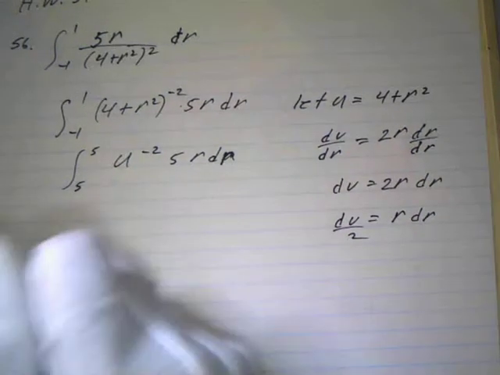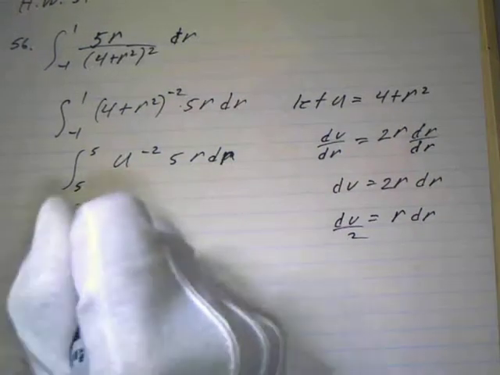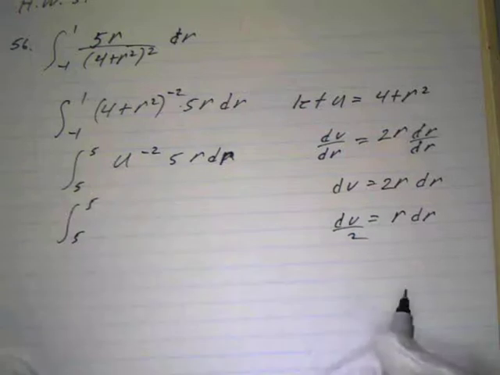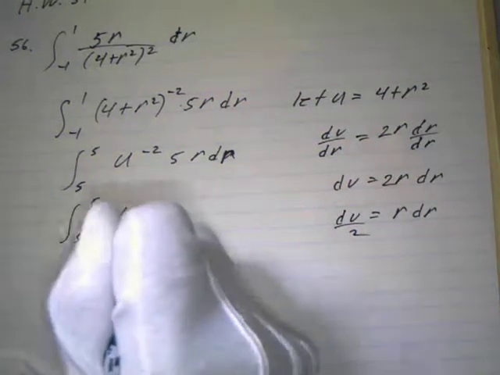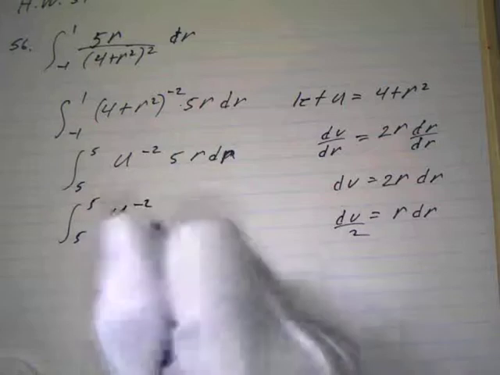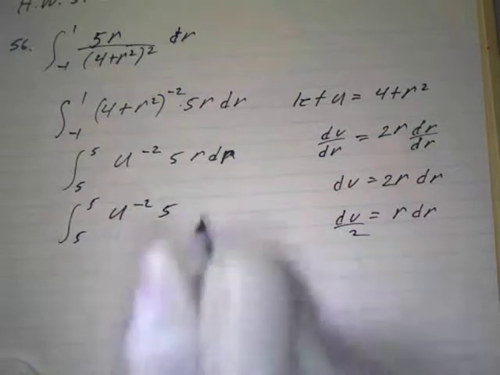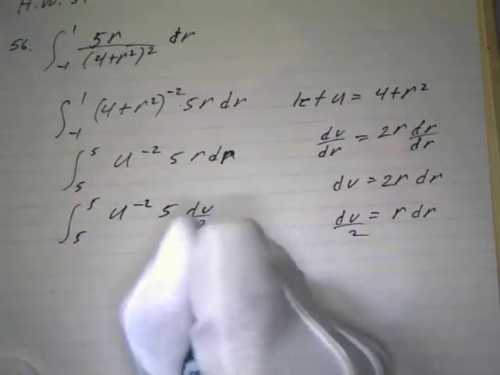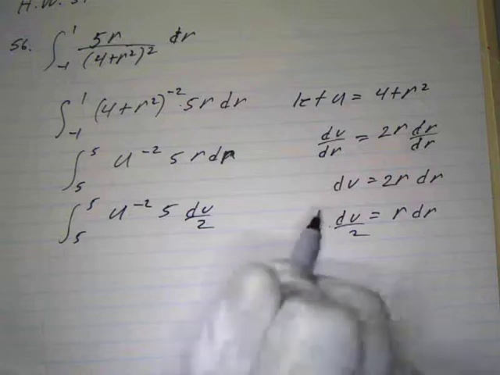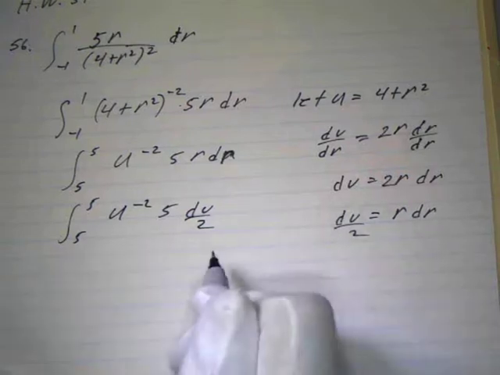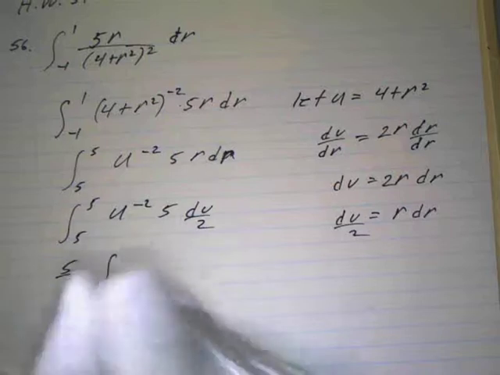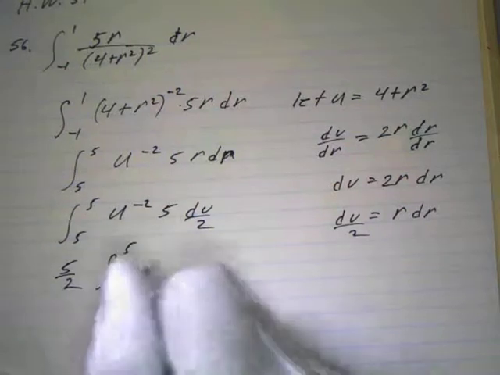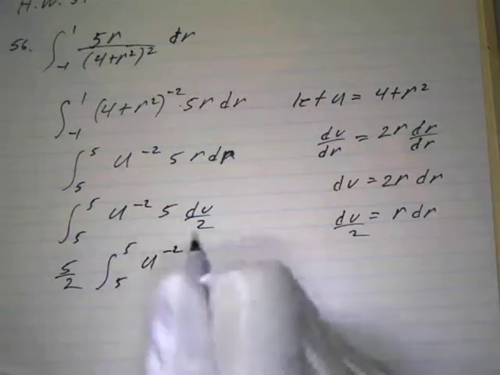And I'll make that substitution. So I've got the integral from 5 to 5 of u to the -2 times 5 times du over 2. And then you can actually bring that out, so we have 5 over 2 times the integral from 5 to 5 of u to the -2 du.